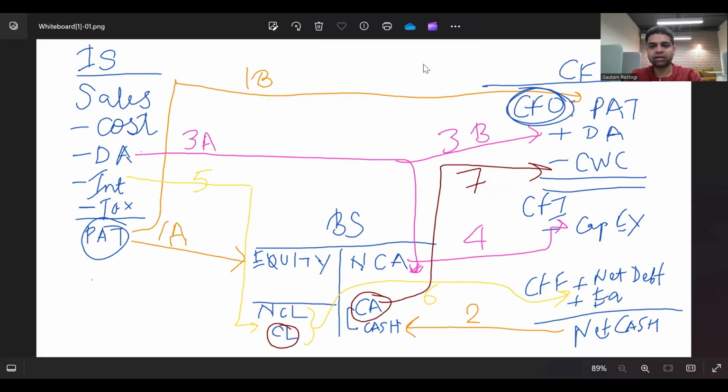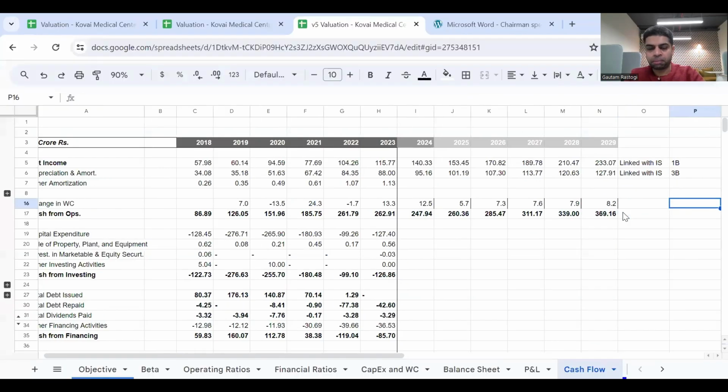So let's put the label here. And actually we are pulling it from the financial ratio sheet.